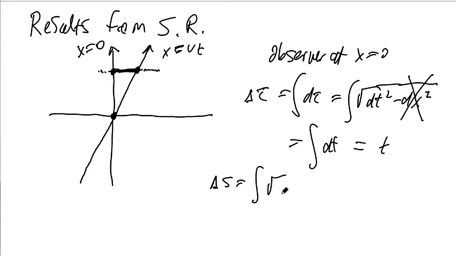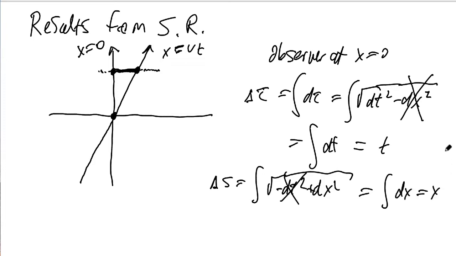That's just the integral of minus dt squared plus dx squared. But because t is not changing from this event to this event, dt squared is 0, and this is just the integral of dx, or in other words, x. So the x coordinate values in the space-time diagram measure proper distance for this observer who stays at rest at x equals 0.